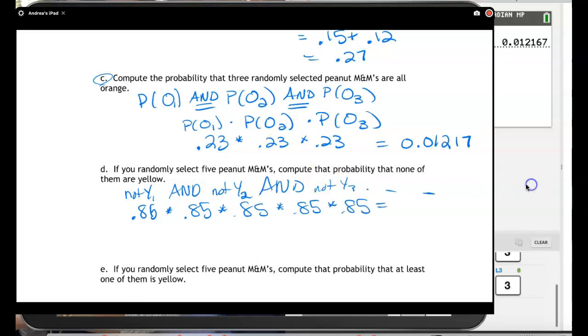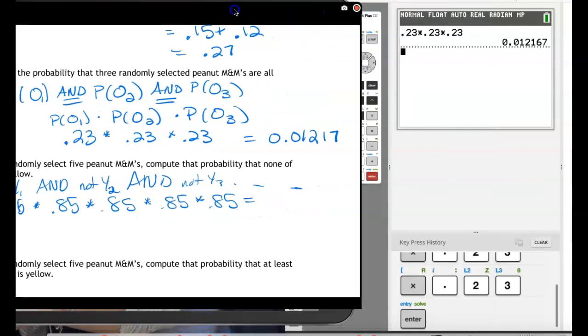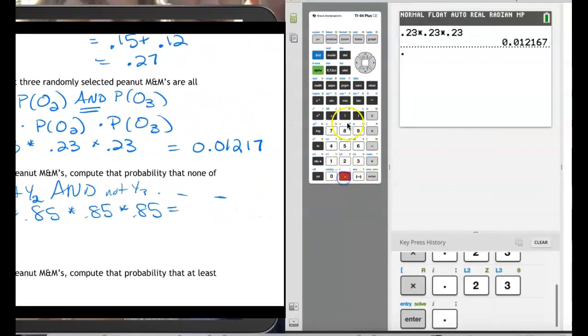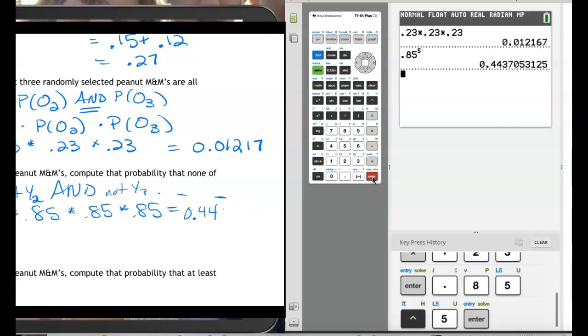Make sense? So on our calculator, I'm just going to go ahead and raise 0.85 to the 5th power. So 4 decimal places, I'd have 0.4437.